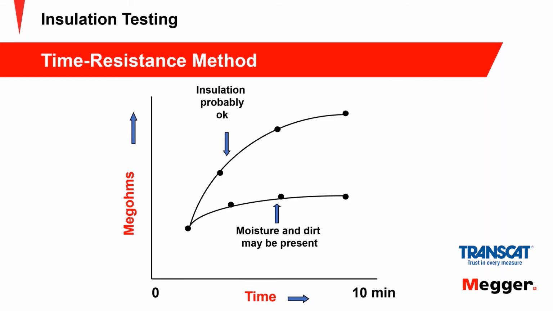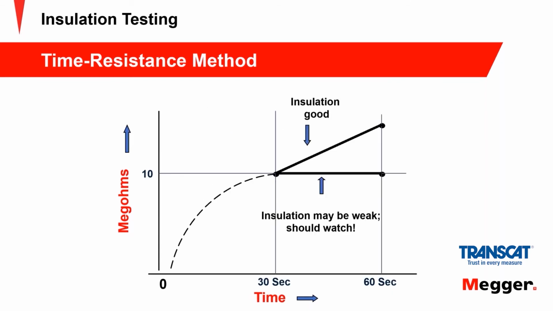So the lower reading here would be representative of equipment that has a problem, and maybe you want to get the moisture or the dirt out of it. And this is just to show you that if you took more than one reading and compared them, you could spot the difference between equipment that keeps rising with capacitance and absorption, whereas equipment that flattens out because of leakage.